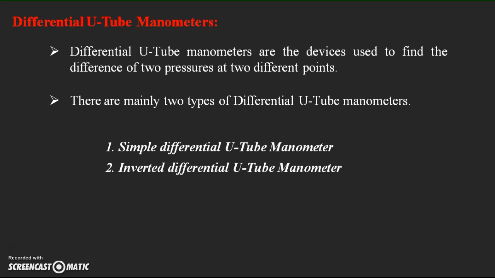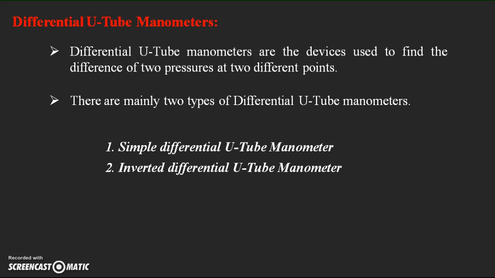Based upon the amount of the pressure measurement, we can use either a simple differential U-tube manometer or an inverted differential U-tube manometer. Simple differential U-tube manometers are used to find large pressure differences, whereas inverted differential U-tube manometers are used to find small pressure differences.